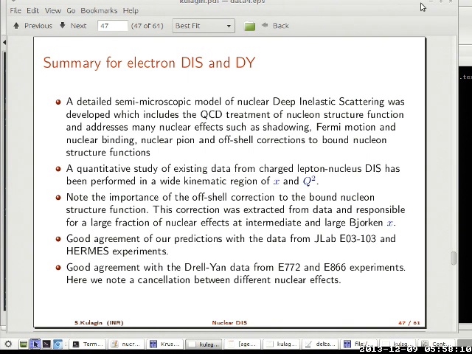So the comparison of this model with recent data shows good performance of this model. In particular, JLab data can be reproduced by calculation using our model, and also there is an interesting cancellation between the Pine correction and shading correction for anti-quark distribution, which shows up in the Drell-Yan reaction.